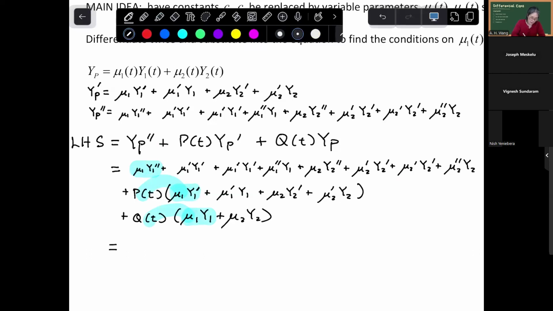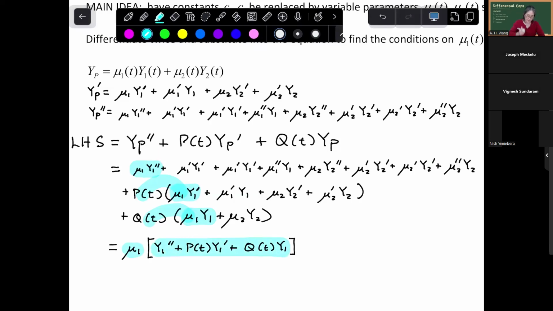So everybody with a mu1, I'm going to factor him out. And that's going to be y1 double prime plus p of t y1 prime plus q of t y1. Okay, so this is everybody with a mu1, and here it is right here. Notice you distribute the p and the q.